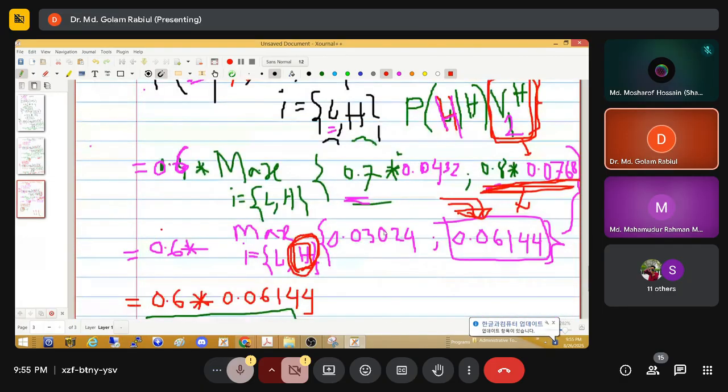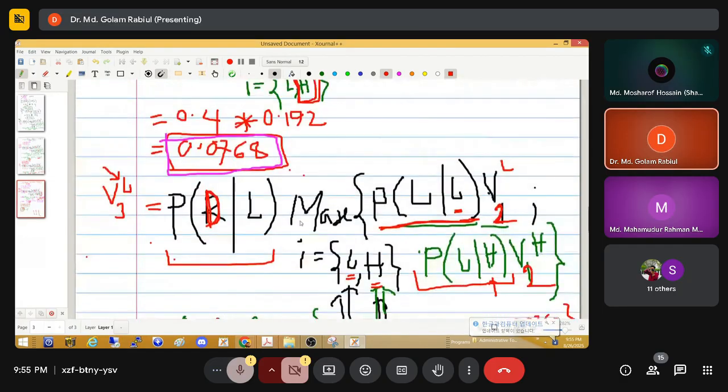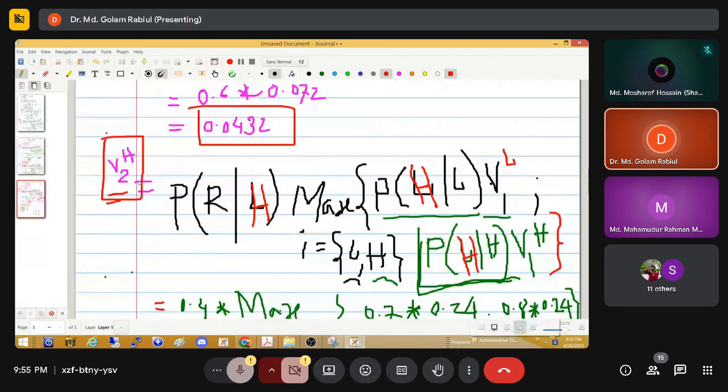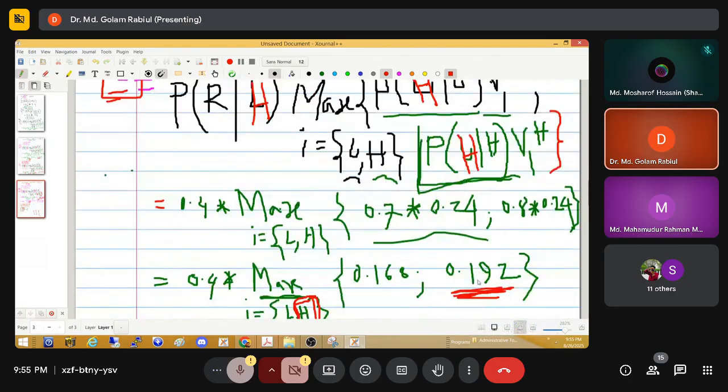Actually, this V2H, this value we got from here. That is, this value is from our V1H.